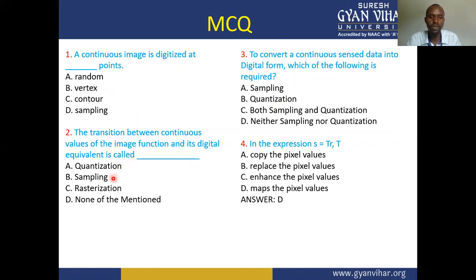This one we already mentioned, you can refer to the PPT. The third question is, to convert continuous sensed data into digital form, which of the following is required? In that case, also mentioned. The fourth is, the expression S is given by TRT. So what is the answer? Of course, the answer is given to you.